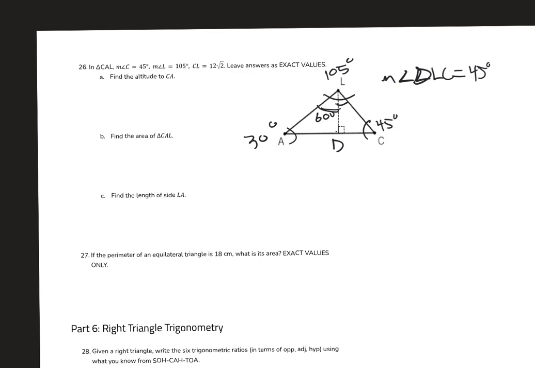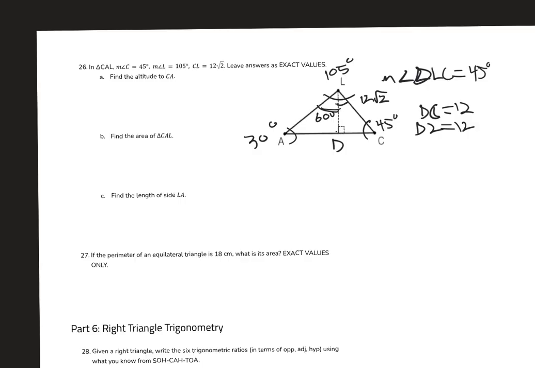Okay, and we're told that CL, this thing here, is 12 root 2. Well, that means that DC is equal to 12 root 2 divided by root 2, or 12. And that's DC, and DL is also equal to 12.